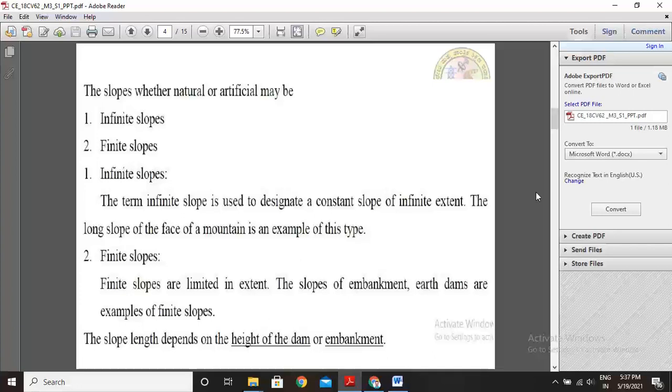The slope length depends on the height of the dam or embankment.